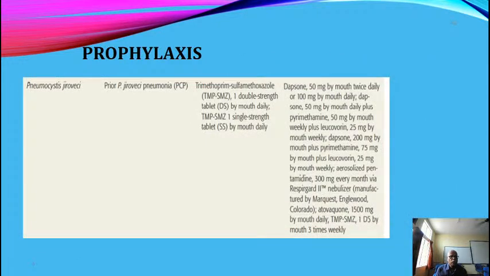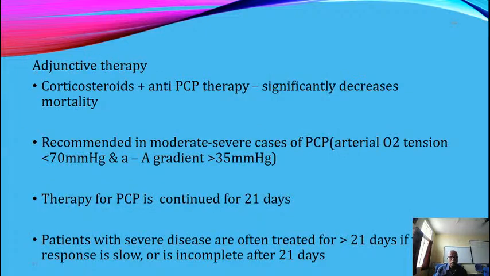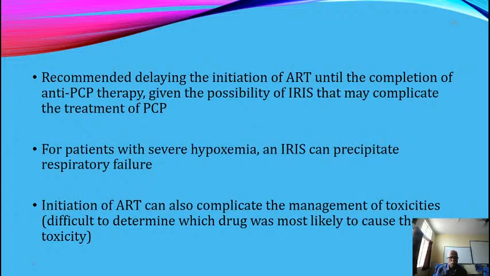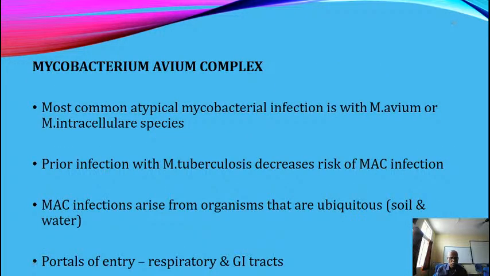Okay, I think we have finished this here. So this is the thing that we should keep in mind. These MAC infections, as I told, when the CD4 count falls below 50, you should think about MAC, Mycobacterium avium complex.